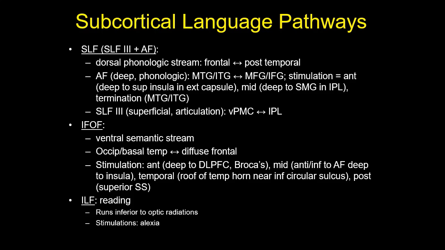The next major white matter bundle we are concerned with is the inferior frontal occipital fasciculus, which constitutes the ventral semantic stream. It connects occipital basal temporal regions to the frontal lobe diffusely.